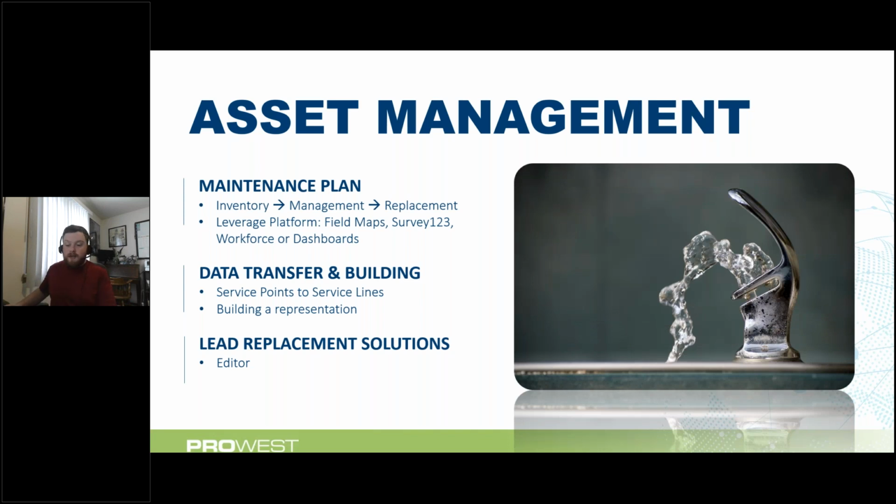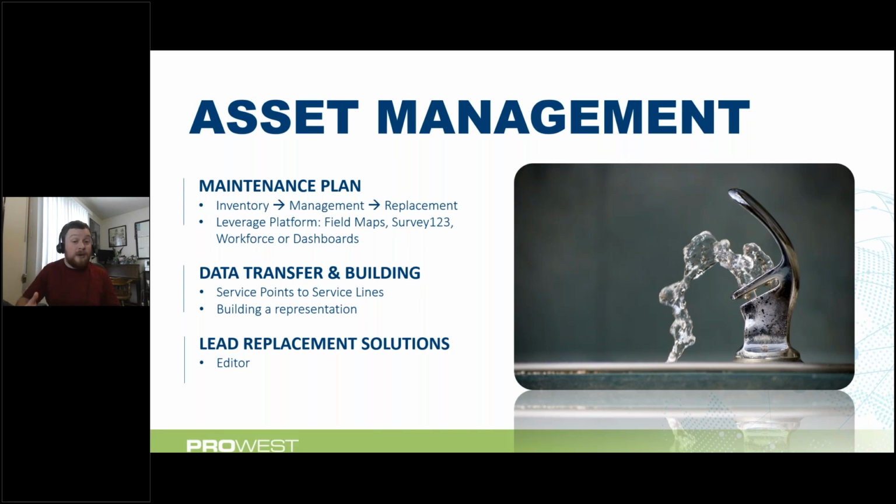So these solutions inherently give us a way of going through the workflow of capturing this data. We go from inventory to management to replacement. And that's how everything flows through these solutions. It can come in from the field map, it can come in from the editor, it can come in from that Survey123 we just looked at. It goes down into the management piece. And then, of course, ultimately, we want to replace those that we find.